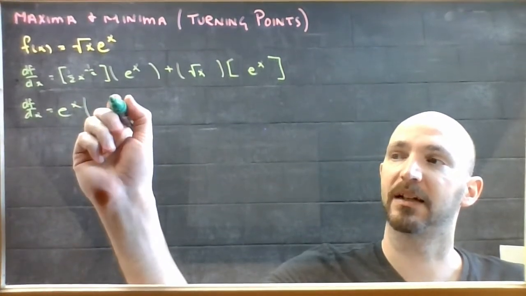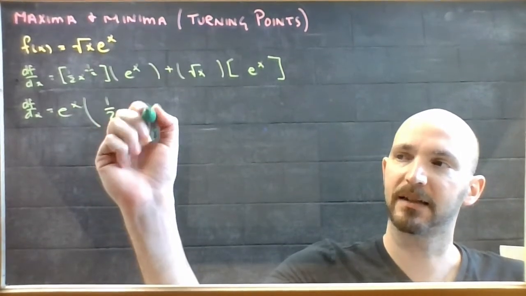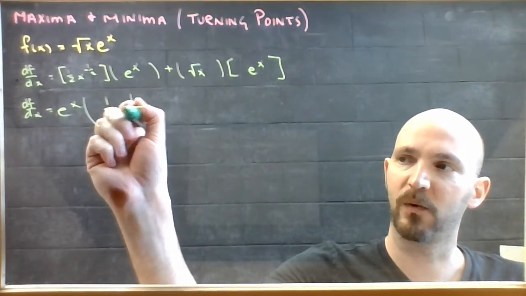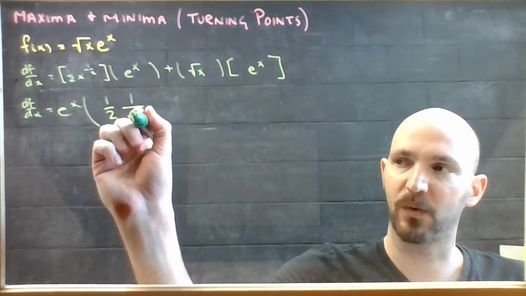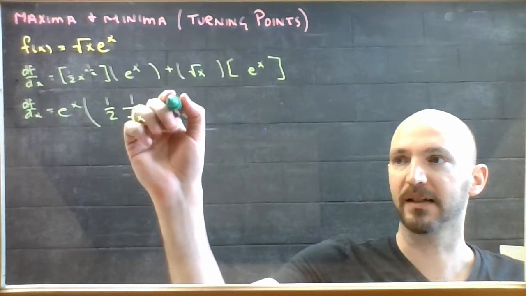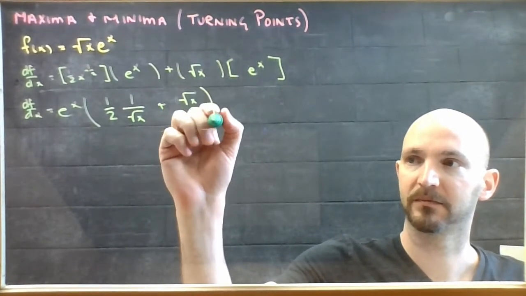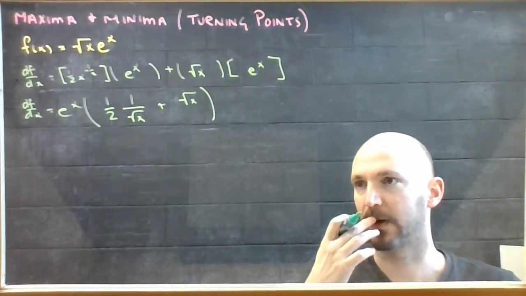What that leaves here is 1/2, and then x to the negative half, it's 1 over, because it's negative, and it's square root x, because it's 1/2, plus this radical here. Okay.